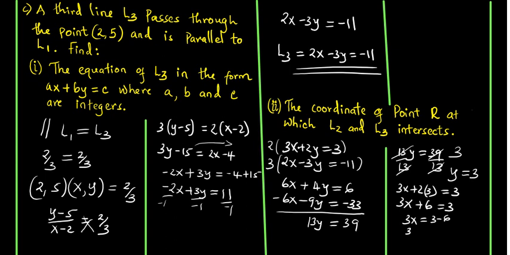So 3x will be equal to negative 3. We divide both sides by 3 to get the value of x, so x equals negative 1. The coordinates of R will be, we start with the x coordinate, which is negative 1, followed by the y coordinate, which is 3. And that becomes your final answer.